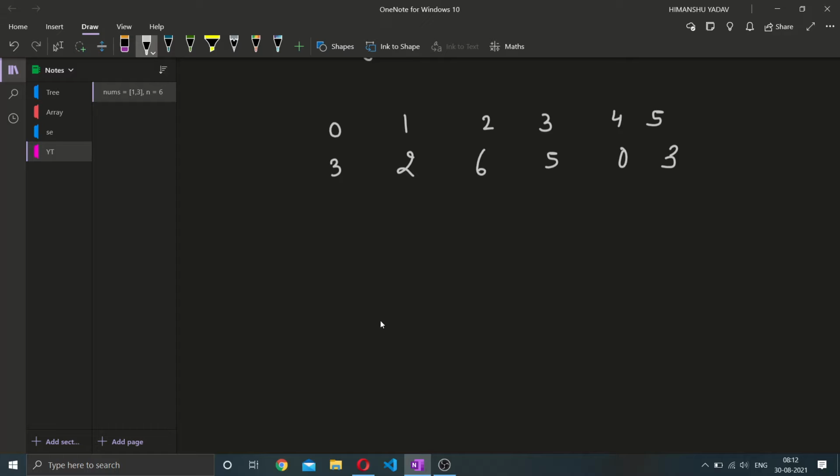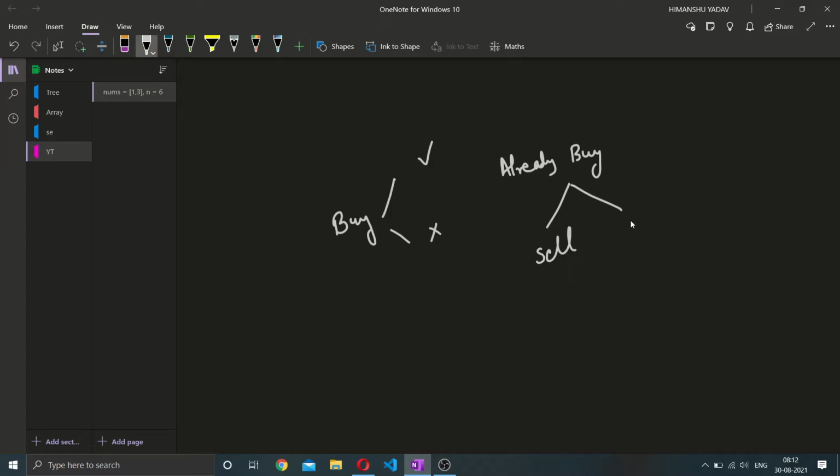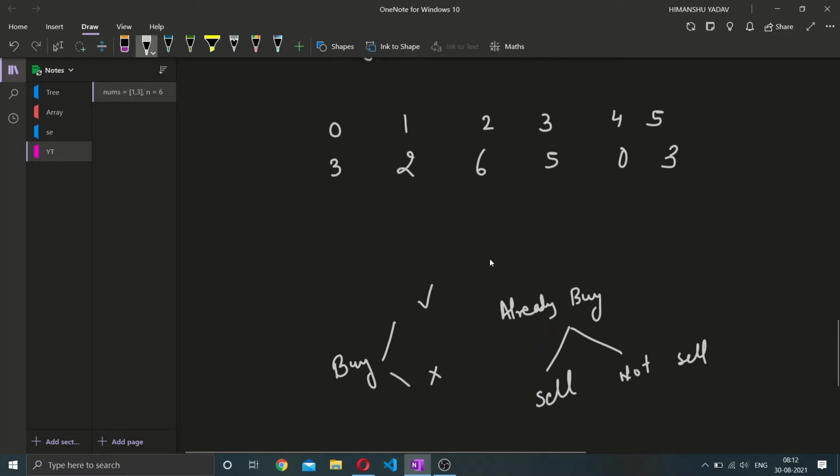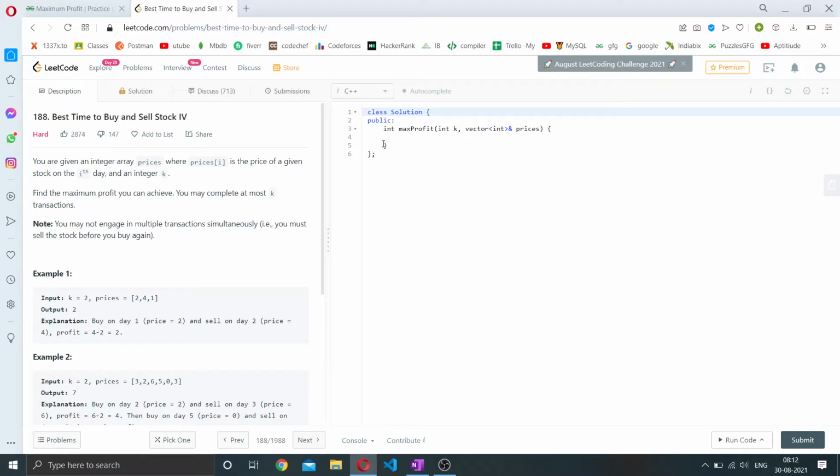And if we have already bought it, we have two options: we can sell or not sell the stock. So this seems like a recursive approach, and the basic brute force comes to our mind. So let's try to code the brute force approach.